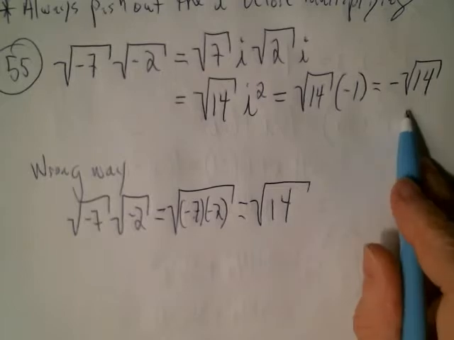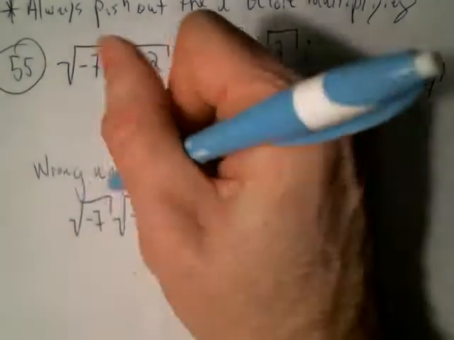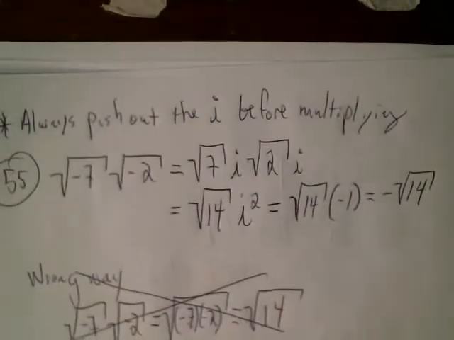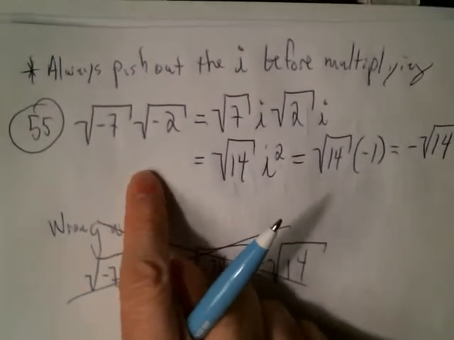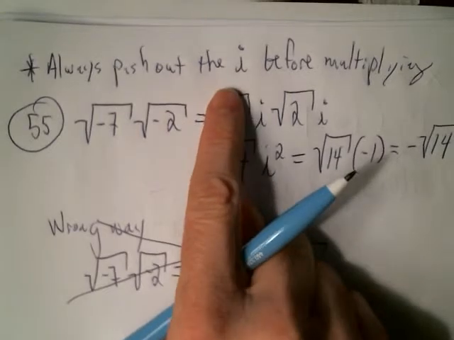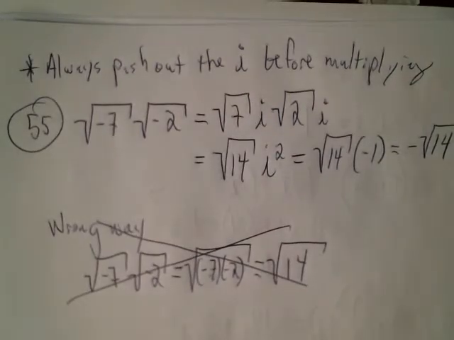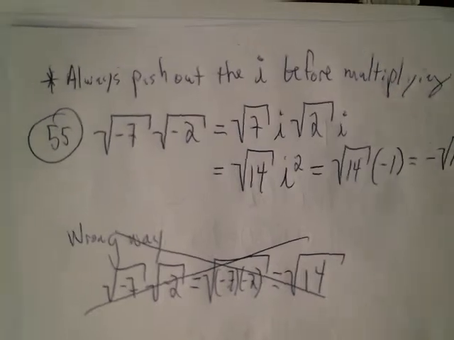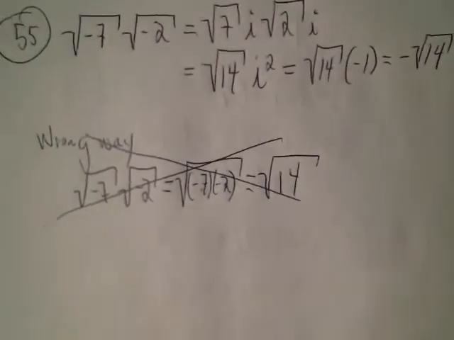And you see the answer is different, right? So if you have some sort of multiplication of a root with a negative in it, always convert to i's first. Otherwise, you'll get the wrong answer. Okay, so that's just kind of a warning to the side.